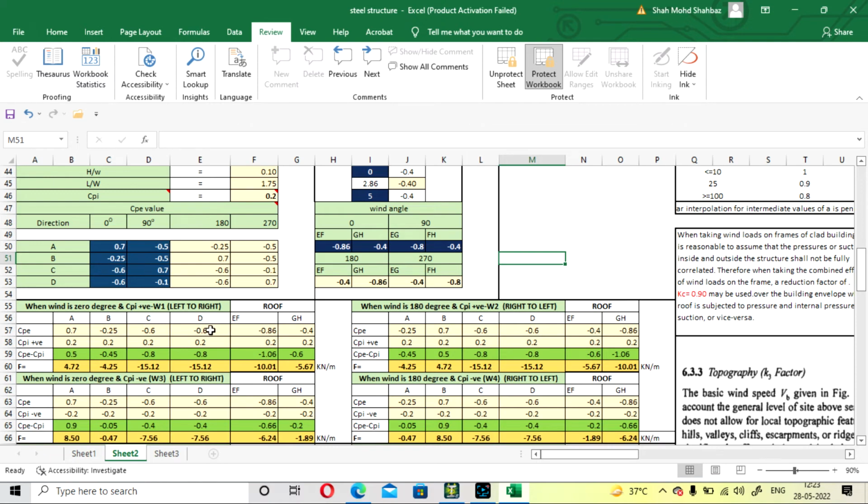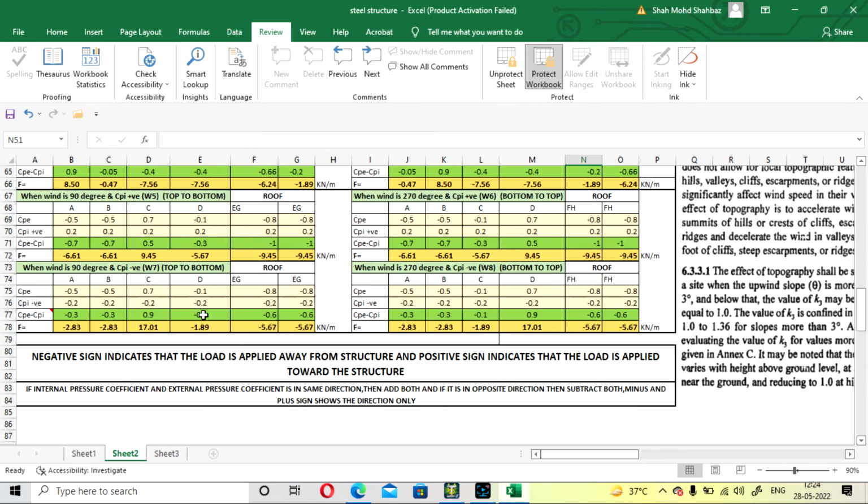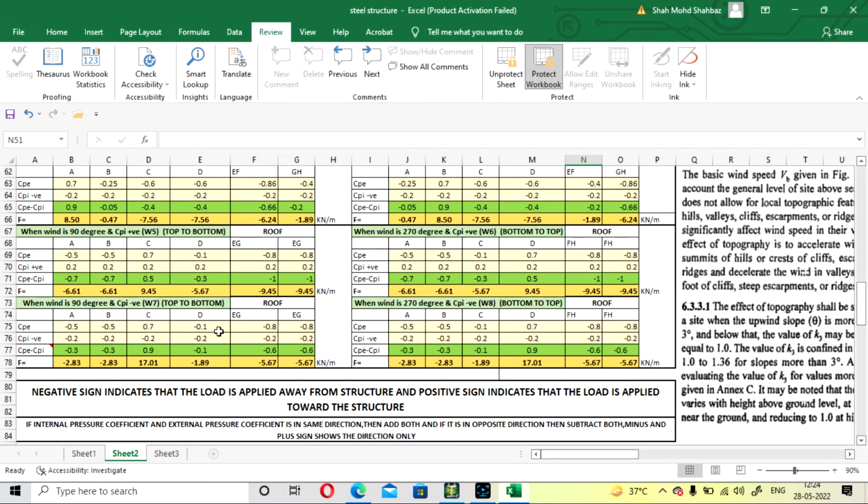Okay, so always remember that the maximum value will be used for the subtraction, and you have to subtract the value from maximum to minimum, either it is CPE or CPI. Assume here one of the values is there, that is, our CPE value is 0.1, ignoring the minus sign, and CPI value is 0.2.